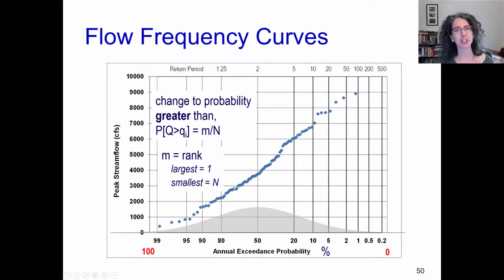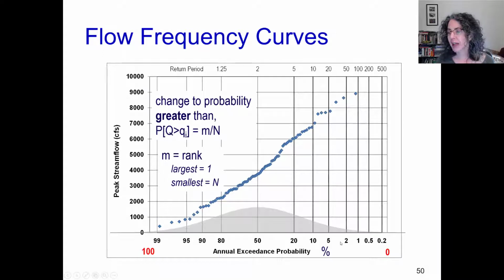So the plot didn't change, and that's because I've reversed the horizontal axis to have 0 on the right and 1 or 100% on the left. We usually put our lower exceedance probabilities to the right. For some reason, we like to have our extremes to the right, the extreme high in this case, which is our interest.